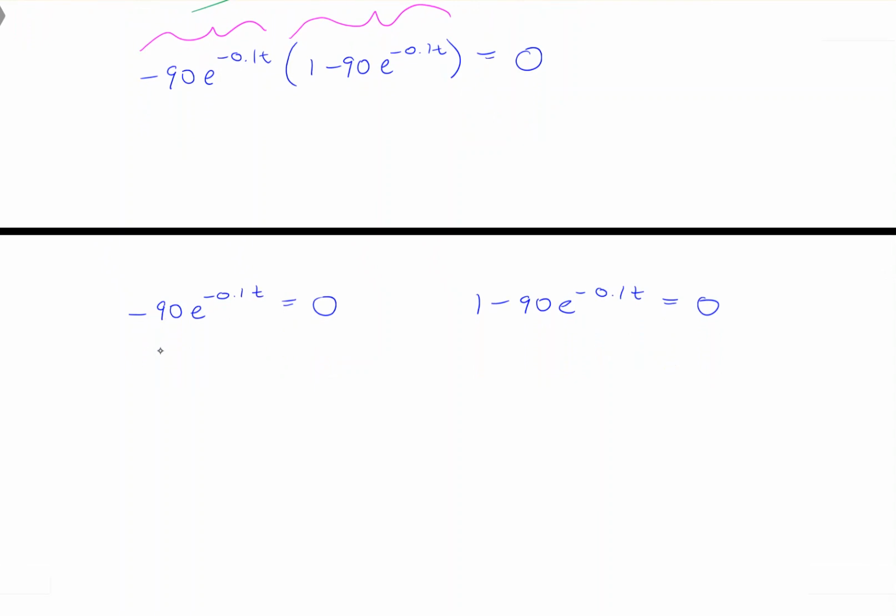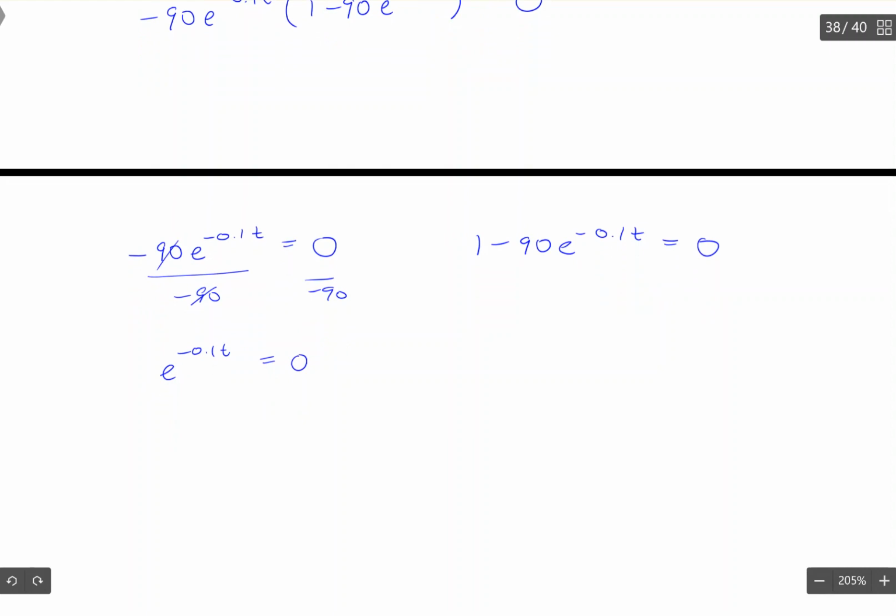Now, if I try and solve the first one, I can divide both sides by negative 90. Get rid of that. So e to the negative 0.1t is equal to 0. E to a negative exponent is the same thing as 1 over e to the positive exponent.